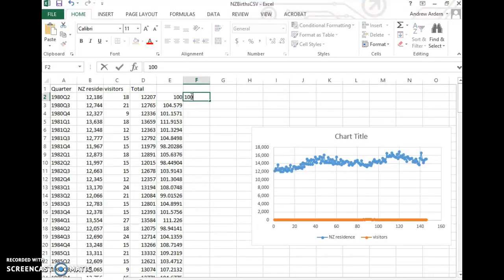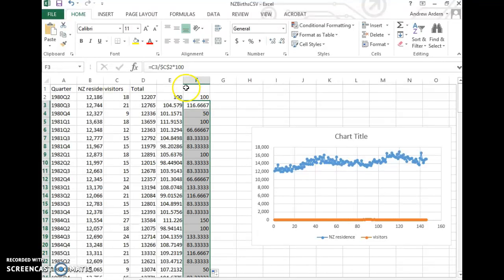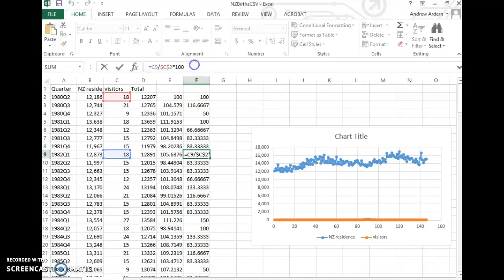This cell is 100, this cell is equal to 21 relative to 18, F4 times 100, double click. Check my working, make sure it's doing the right thing. Yes, it is. Check that one. Yes, it is.